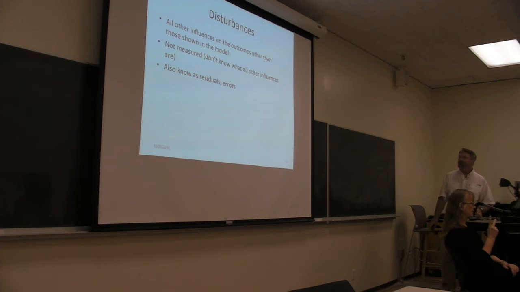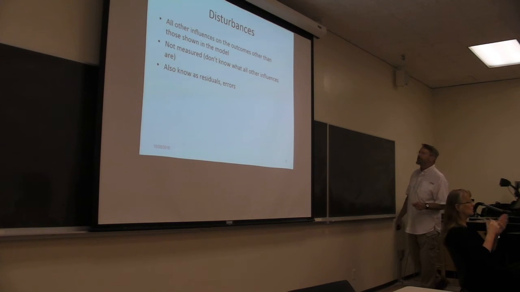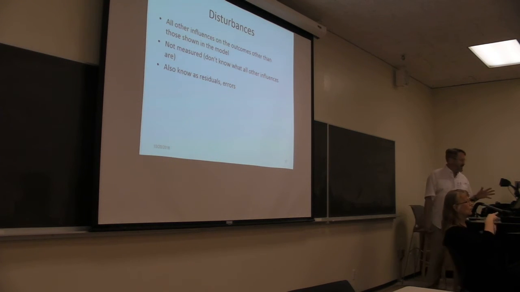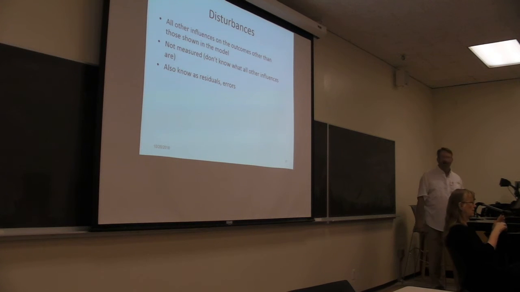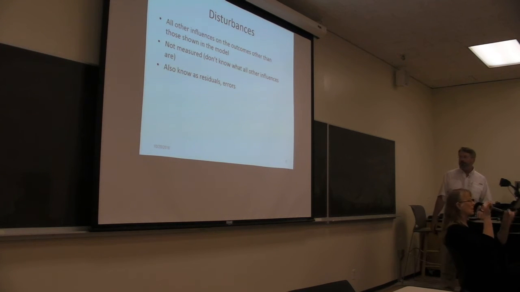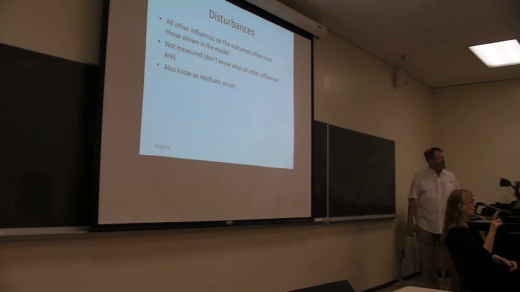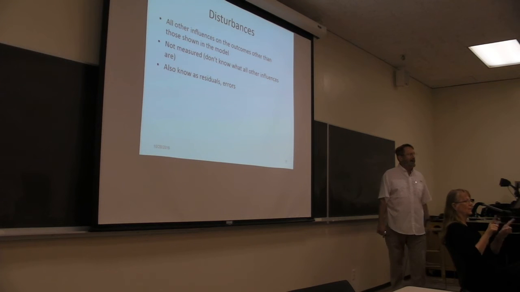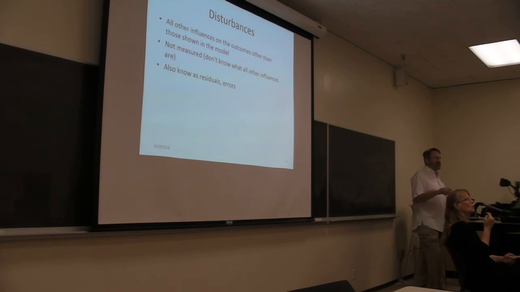So these disturbances represent all of the other influences on the outcome other than the ones shown in the model. They're not measured. We don't know what all those other influences are. And if you have taken correlation and regression, you would know these as either residuals or errors. Why do we name them something different in structural equation modeling? To confuse graduate students.